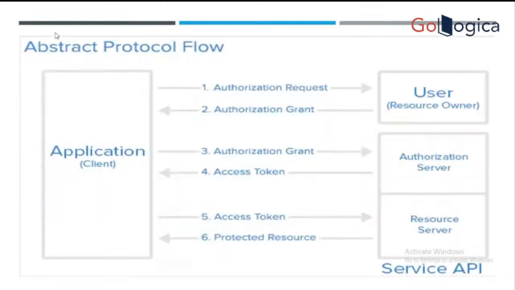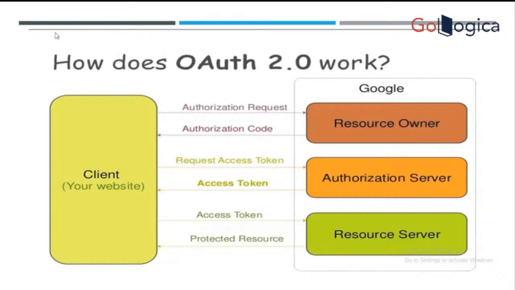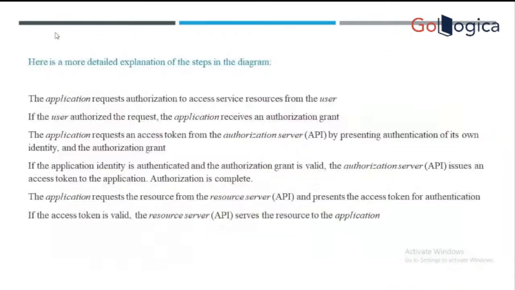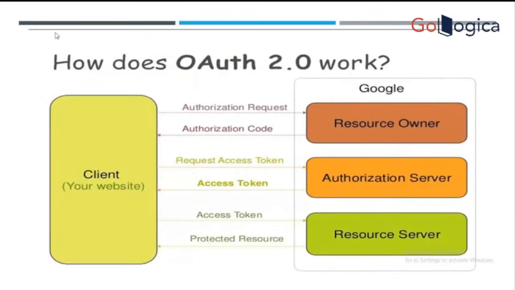You can see this side. We have a Google platform, we have a client platform. It is saying the application requests authorization to access service resources from the user side. The user is basically the client, your website or whatever it is.